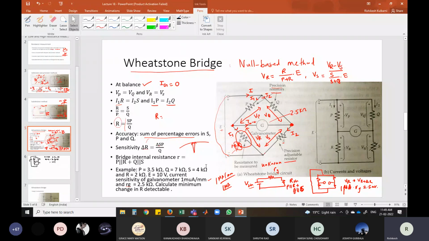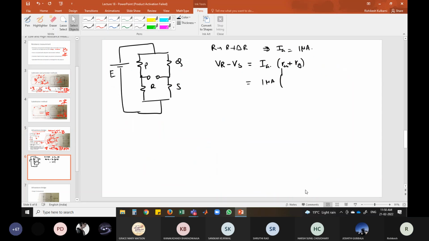P, Q, all are given. Can you calculate P parallel R plus Q parallel S? They're around 3.81. You should always mention kilo. What is the value?